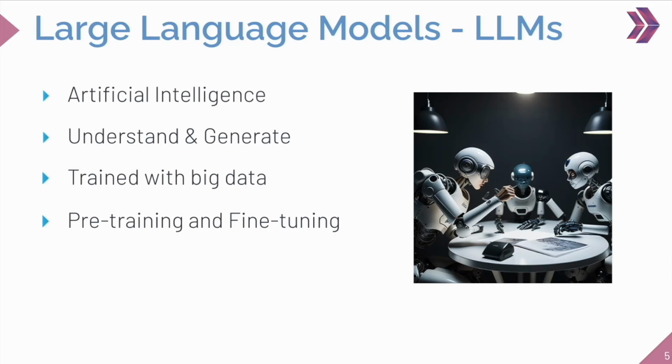Another aspect, unlike traditional NLP models, large language models employ unsupervised learning techniques. So what does it mean? Traditional ones usually require labeled data. In the bootcamp, you will see that in machine learning and in NLP sessions, we will use some labeled data to perform, for example, sentiment analysis.